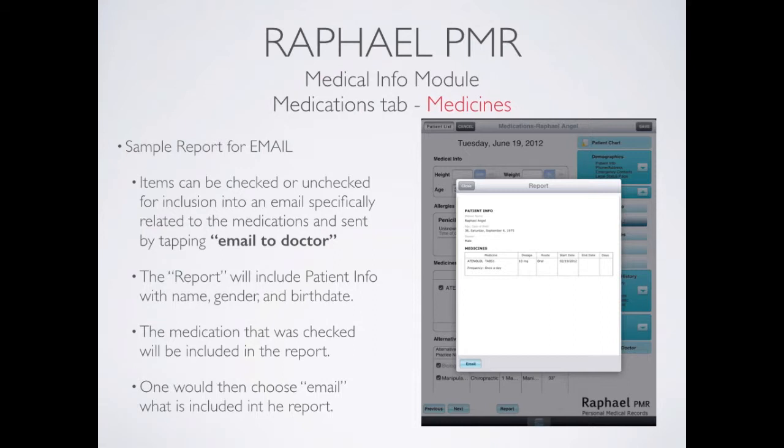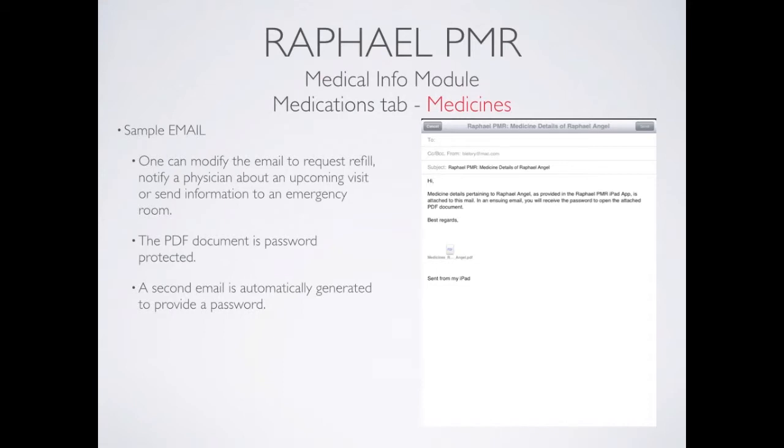Once you click that, it'll generate an email, just like any other email in your iPad, with the information for the doctor, a small paragraph about what's there, which you can add to, and an encapsulated, password-protected PDF of the report that we just saw moments ago. That password that was generated for that PDF will be sent as a second email to the addressee on the email.